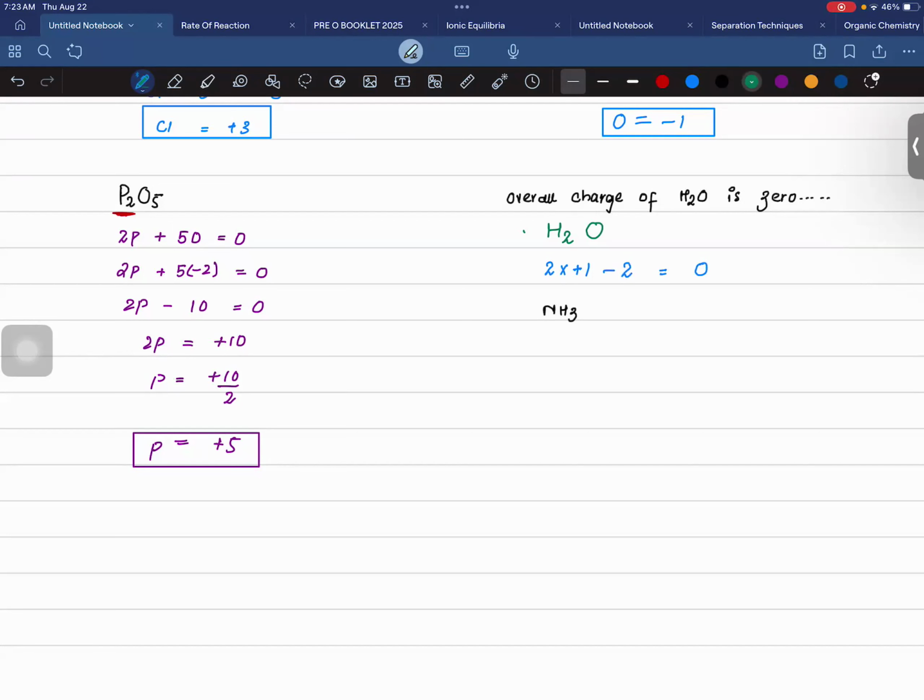Let's suppose I'm asking, can you tell me the charge of nitrogen in ammonia? Yes, minus 3.